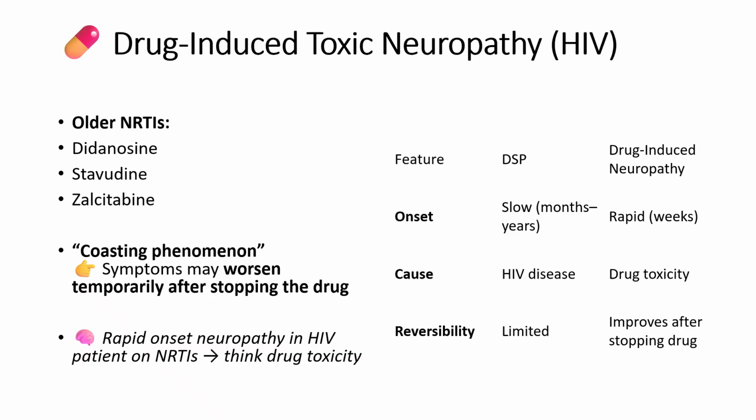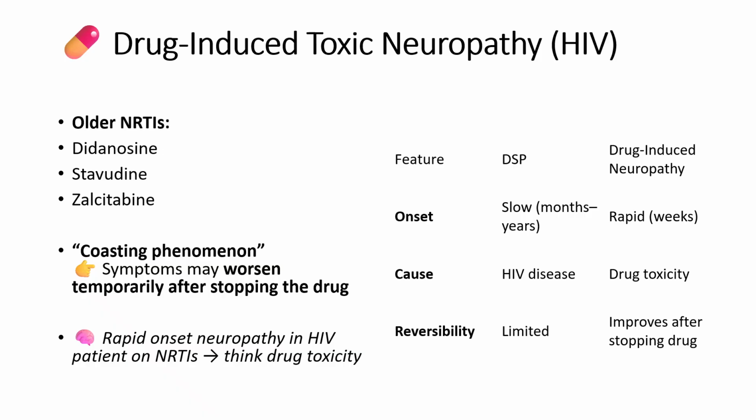Drug-induced toxic neuropathy. Older NRTIs are known to cause drug-induced neuropathies. They are didanosine, stavudine, zalcitabine. There is something called coasting phenomenon where symptoms worsen temporarily after stopping the drug. Rapid onset neuropathy in an HIV patient who is taking NRTIs, we should think of drug toxicity.